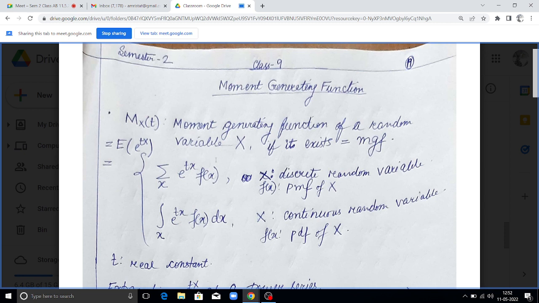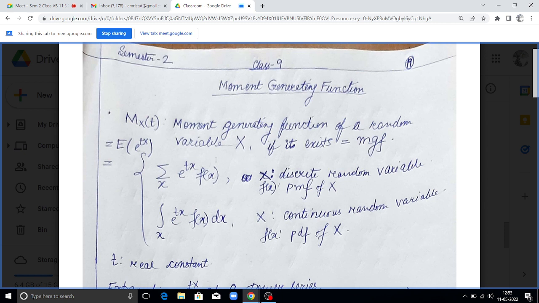And why for a continuous random variable do we get a probability density function? Because when we get a curve, the points are dense. Dense means near about one point there are so many innumerable, uncountable points. We cannot count them.